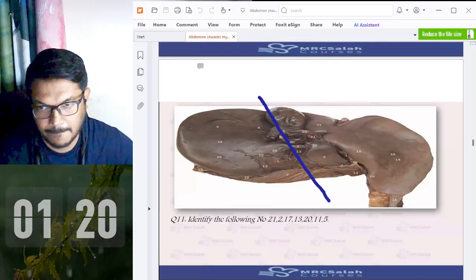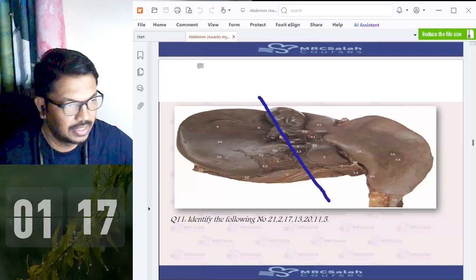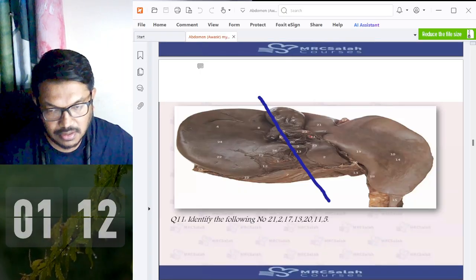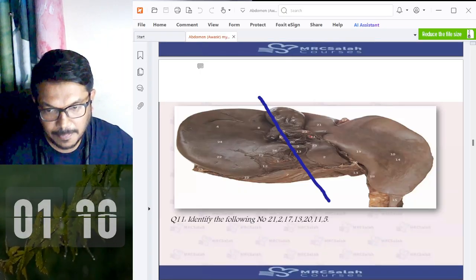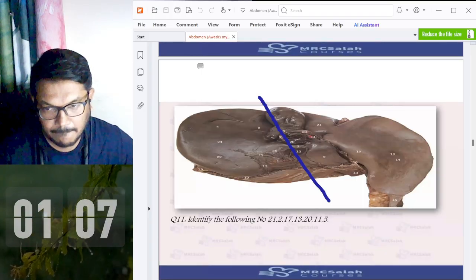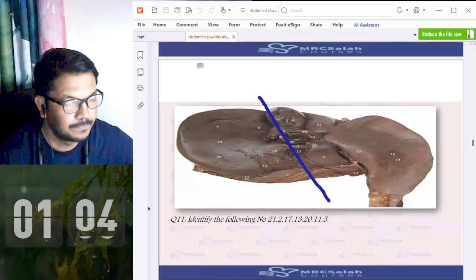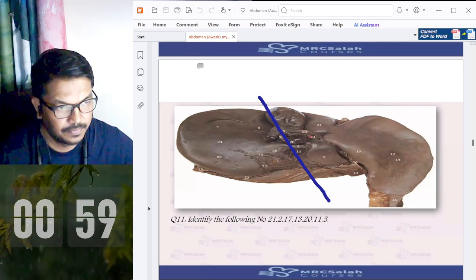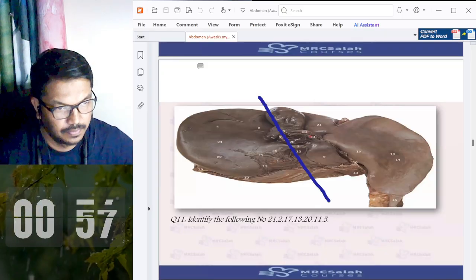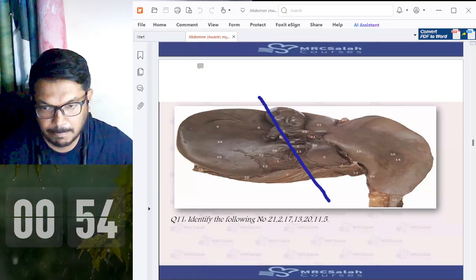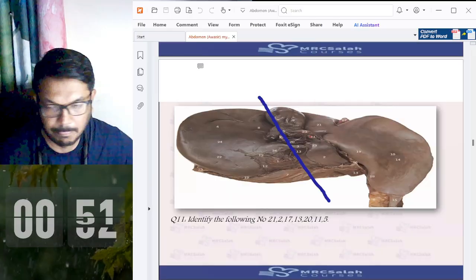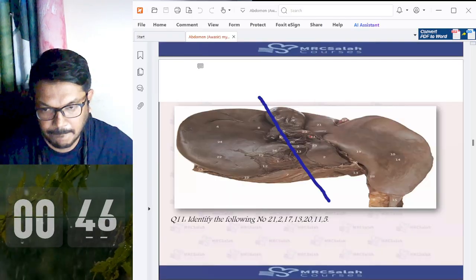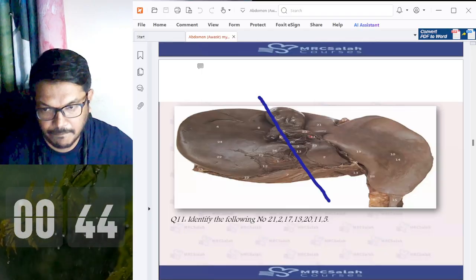Which vessel carries the maximum blood? Inferior vena cava. Hepatic vein. Okay.